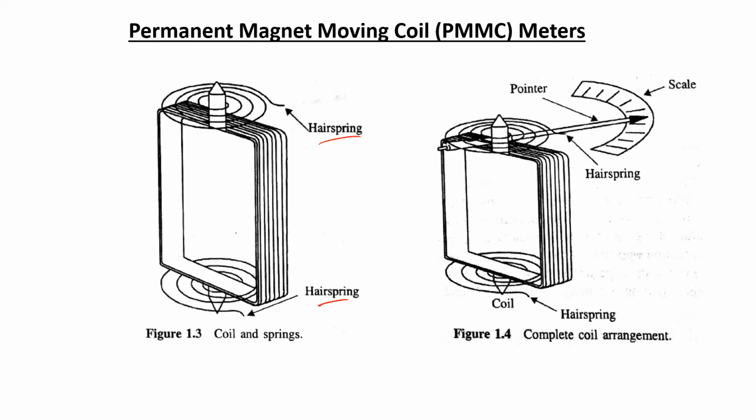So the deflecting torque has to work against the controlling torque produced by the springs to obtain a certain amount of deflection. And the purpose of introducing this opposing torque through springs is to bring back the pointer into its initial position once the current supply is taken off from the coil.